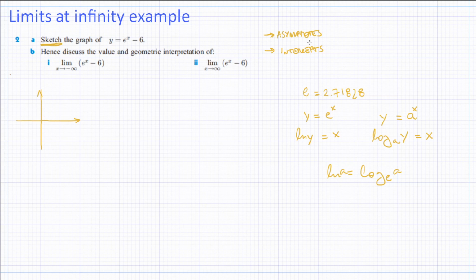Anyway, so if we take this limit, what's going to happen to e to the power of x? What happens to anything with an exponent? If we increase this exponent, well, it depends if the exponent is positive or negative.